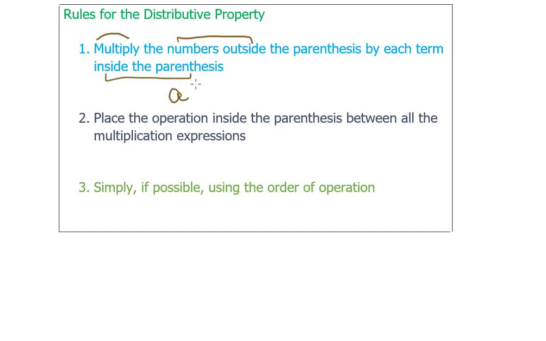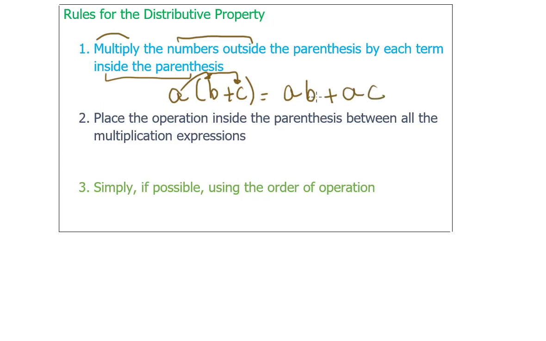Let's say we have an A, then we're multiplying within the parentheses which has B plus C. So we will multiply the term outside by each term within the parentheses. So we will multiply A times B, which gives us A times B, plus then A we will multiply by C, which will give us A times C.